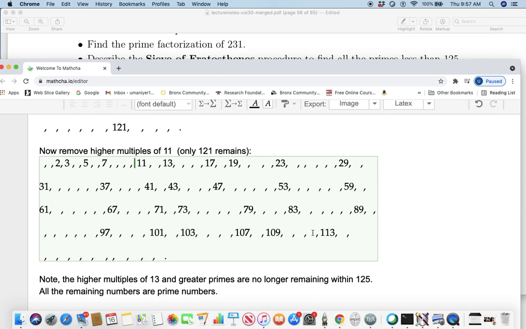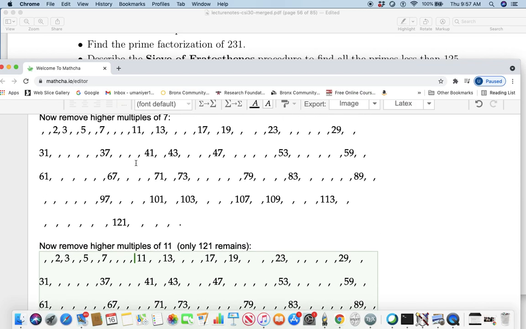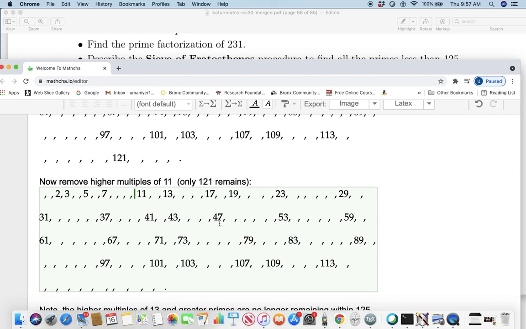Okay, and for 11, you see all those earlier ones are gone. 11 times 11, 121 is the only one that you had to remove. And 121 was so close to 125 to begin with.